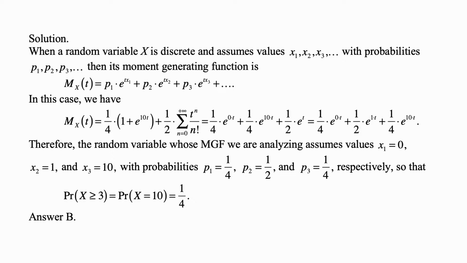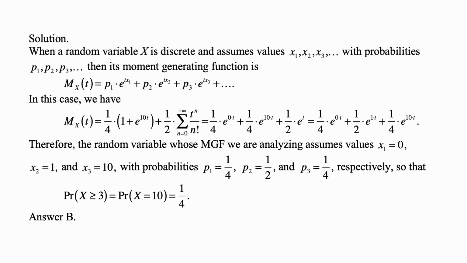So that's 1/4 times e to the 0t plus 1/4 times e to the 1 times t plus 1/4 times e to the 10t. I just rearranged the terms so that you have 0, 1, and 10 in increasing order as, obviously, the three values of this random variable: x1 equals 0, x2 equals 1, x3 equals 10, with probabilities p1 equal to 1/4, p2 equal to 1/4, and p3 equal to 1/4.